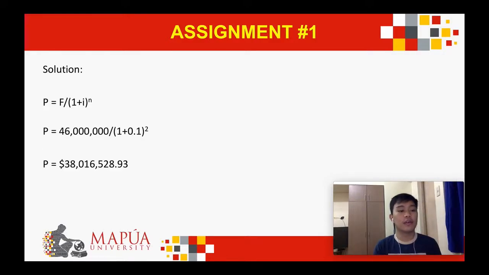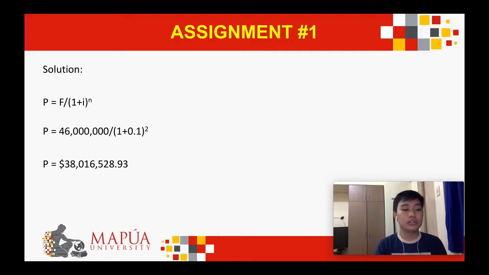Since we are looking for the principal amount and not the final amount, we have to manipulate the formula a bit. So we have to transpose P to the left side of the equation, so we can have the formula P is equal to F over 1 plus i quantity raised to n.